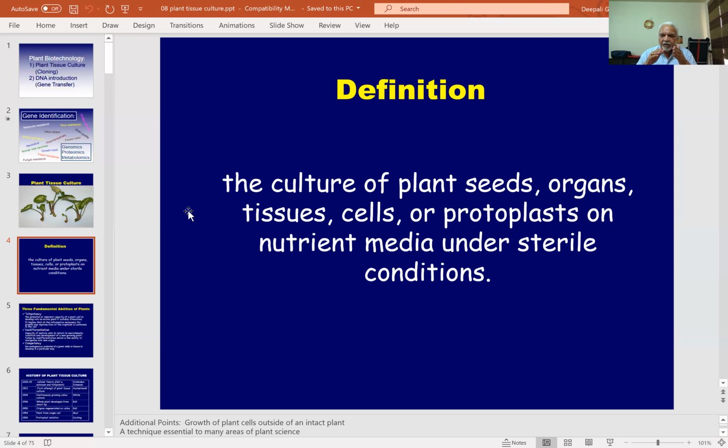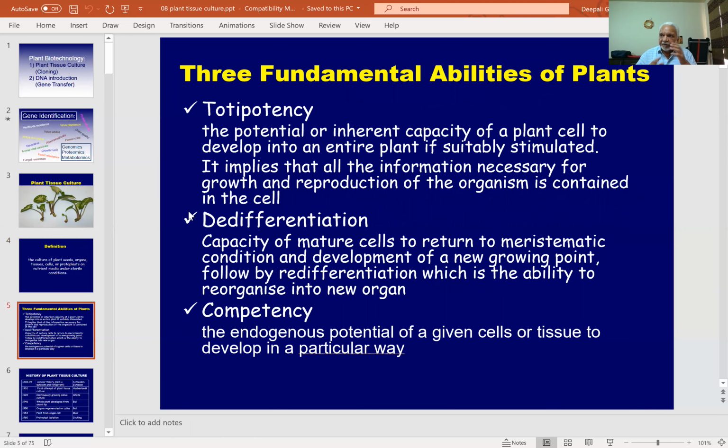So basically, we are trying to culture or grow organs, tissues, cells, protoplasts on a nutrient media under sterile condition, and this is called plant tissue culture. Okay. Now, this actually involves three fundamental abilities of plant cells. One is the totipotence.